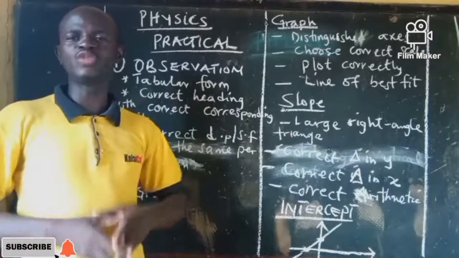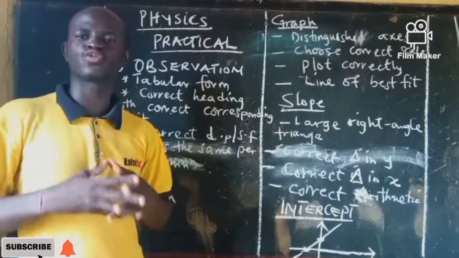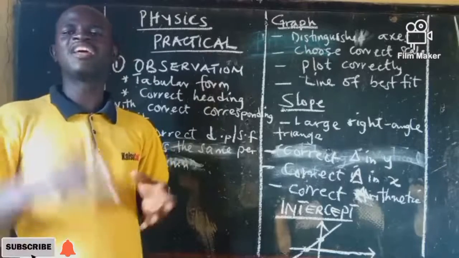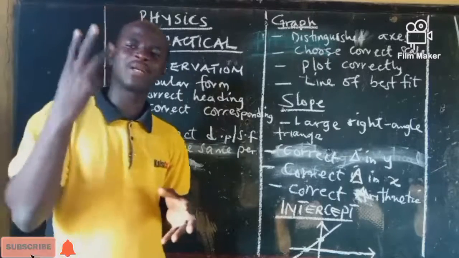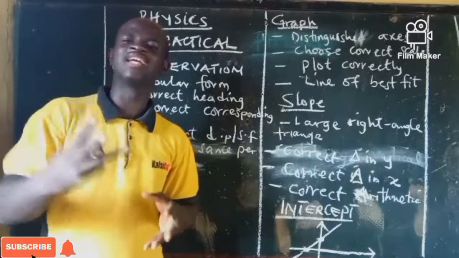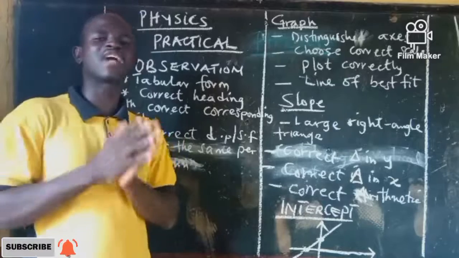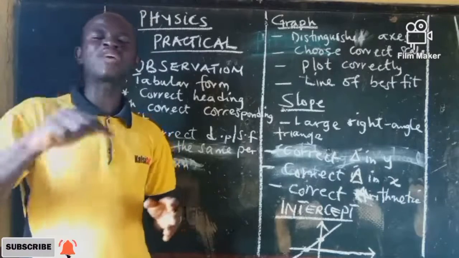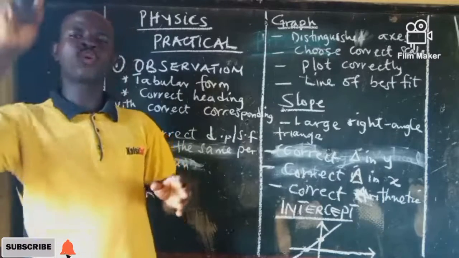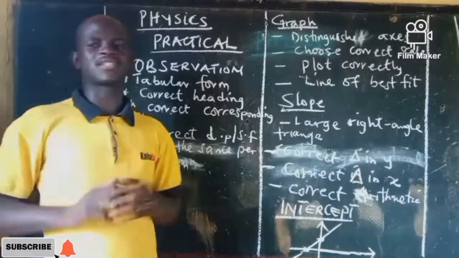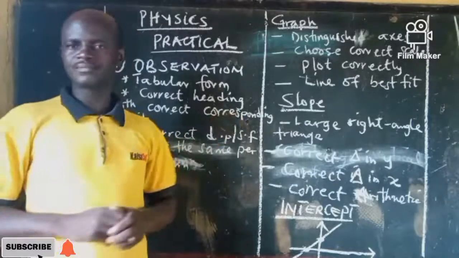And likewise, when you are measuring with micrometer screw gauge, it must be in 3 decimal places measured in centimeter, because the degree of accuracy of micrometer screw gauge is 0.001 centimeter.